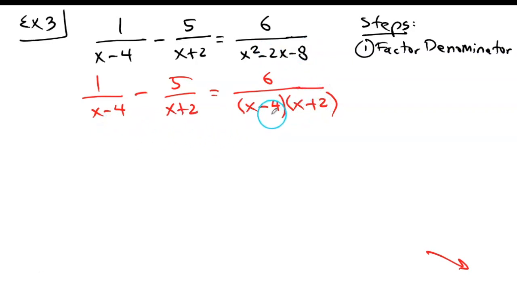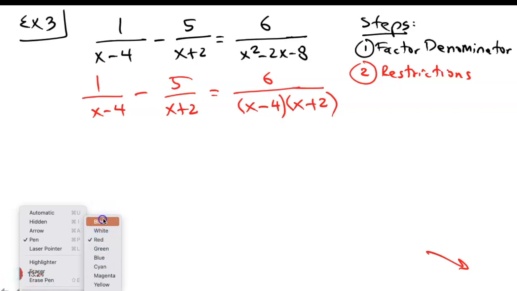So now that I factored, what do I need to do? Restrictions. Restrictions, all right? That's huge. And these restrictions are done in your original equation, before you do anything. Okay, what are my restrictions? I bring every single denominator and make it equal to 0.